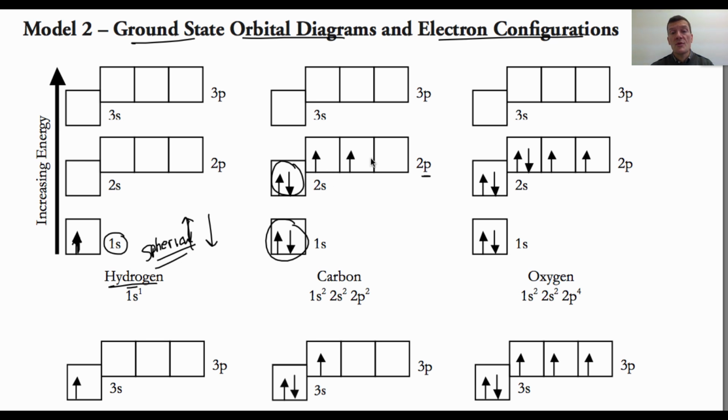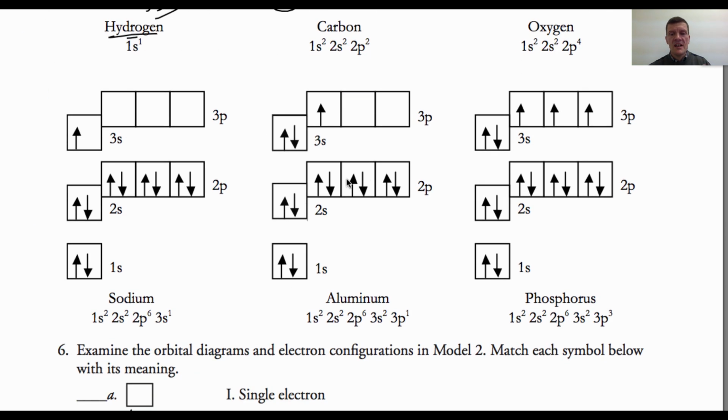And remember, you spread them out across the p orbitals because all these p orbitals are at the same energy level. So you're going to start to fill them with 1 each and then go back up and double as you see here. You don't start to double up until you have everything at the same energy level, having at least 1 electron in each of those same energy level orbitals. Okay, so you kind of get the idea here.